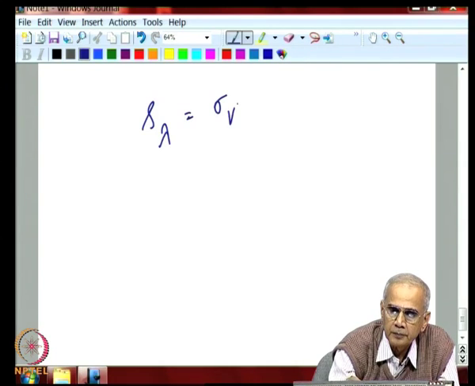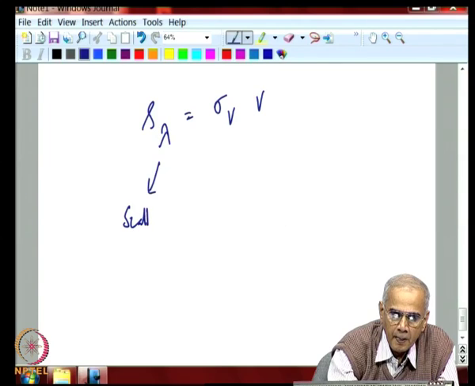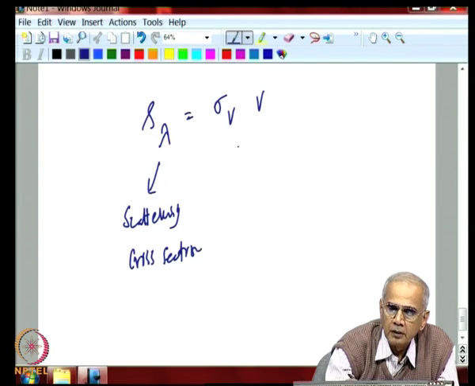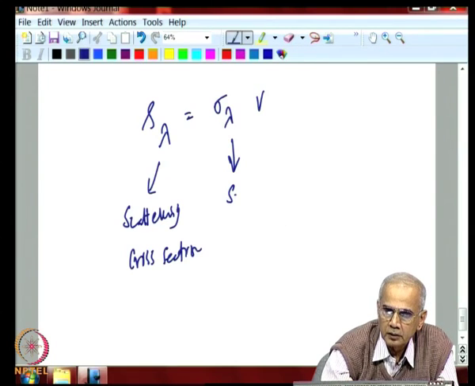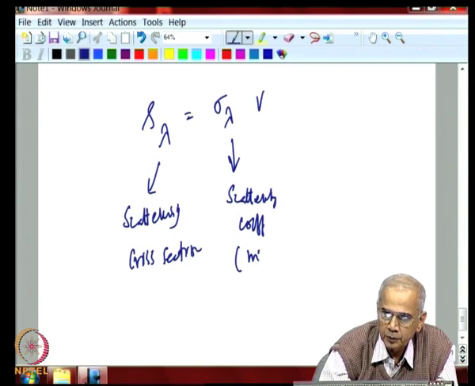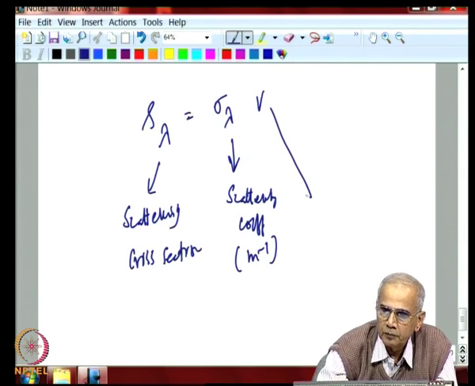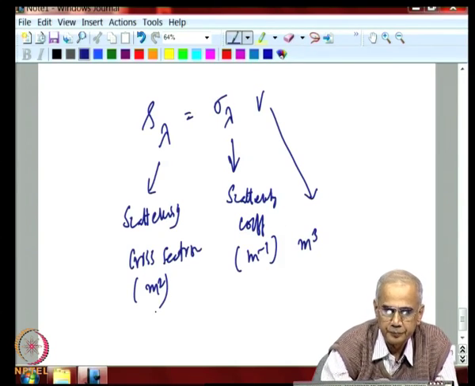So, this is the scattering cross section, defined in terms of scattering coefficient, which has units of meter minus 1, and volume, which has units of meter cubed. So, this gives you meter squared.